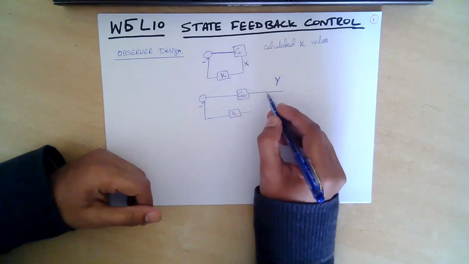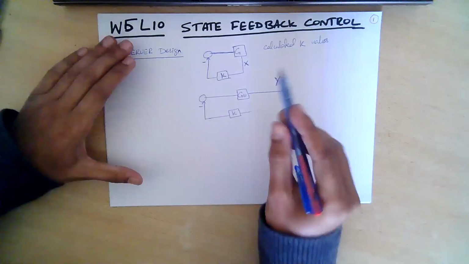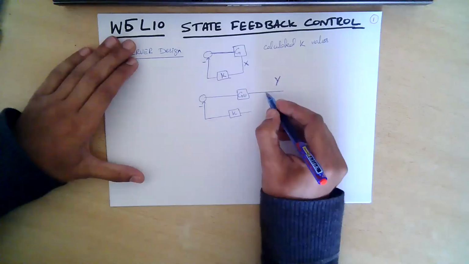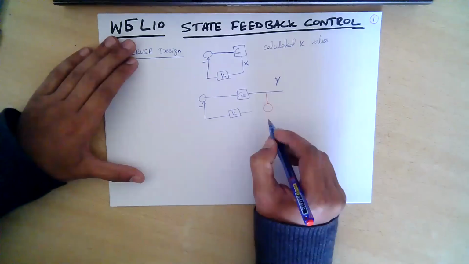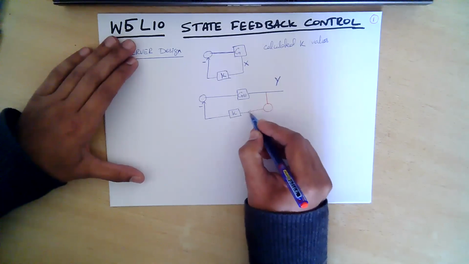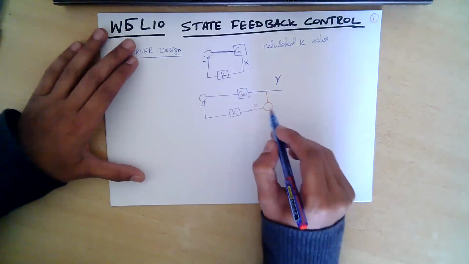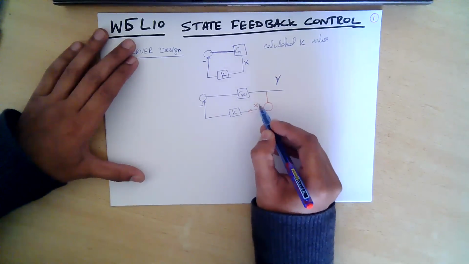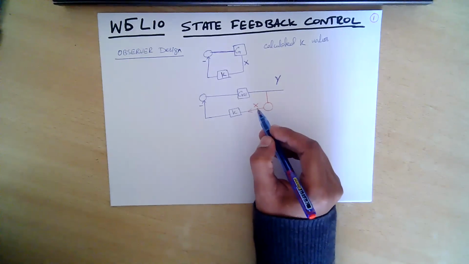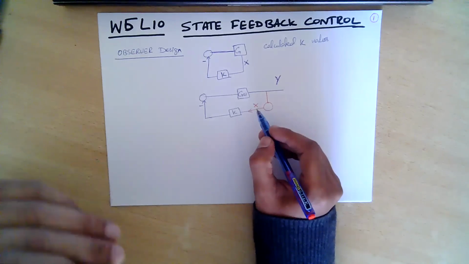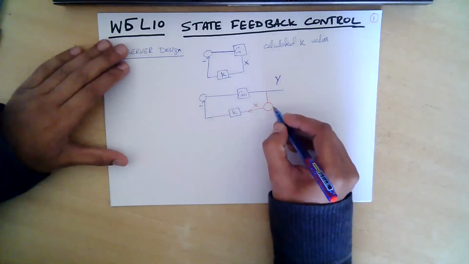But we don't have access to all the states, but we have some measurements of the system, and we want to add some mathematical component over here, which can give us the state values as the system output, and we can use those states which are not directly measured from the system, but those values of state are calculated from the output of the system. So this mathematical component is observer.